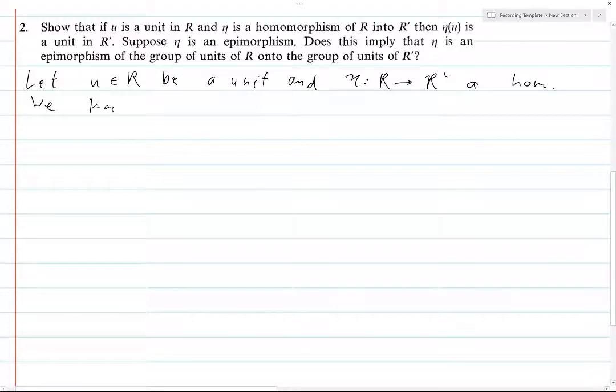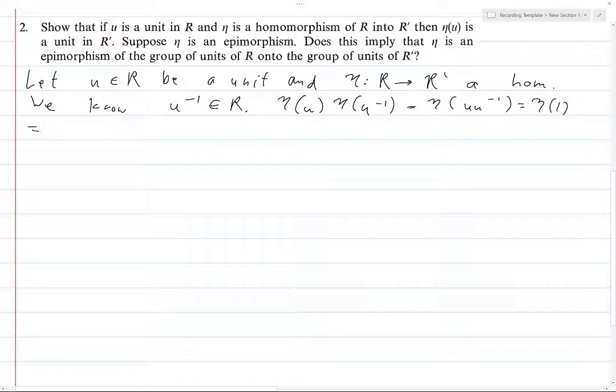We know U inverse is in R because U is a unit. Now eta of U inverse times eta of U equals eta of U inverse U, which is eta of 1, and this is a homomorphism, so this is 1 prime.